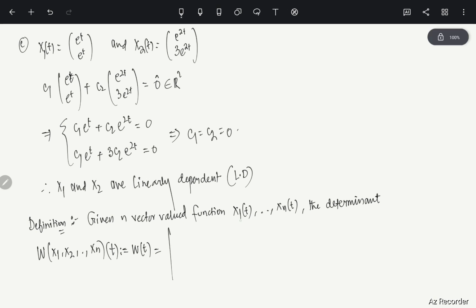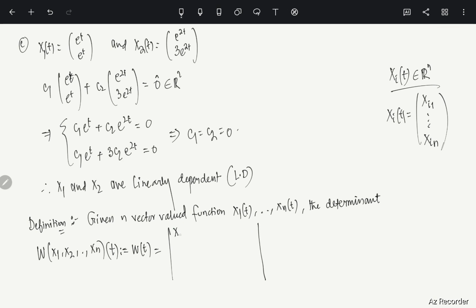So essentially, you see, x1 or xi, at any point t, is nothing but an element of Rn, right? So xi of t, if you think about it, should look like the components: let's say xi, the first component, ..., xi, the nth component. It should look like this. So we will write all these things together and then we just look at the determinant. So basically, it will look like this: x11 of t, x12 of t, ..., x1n of t.